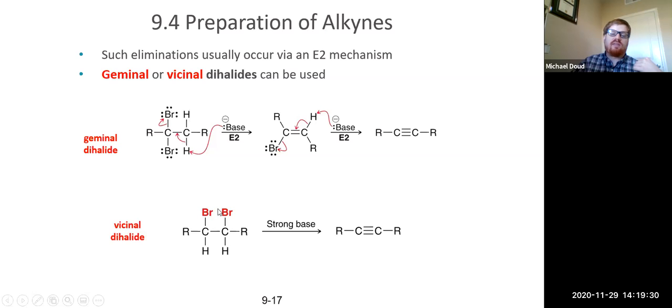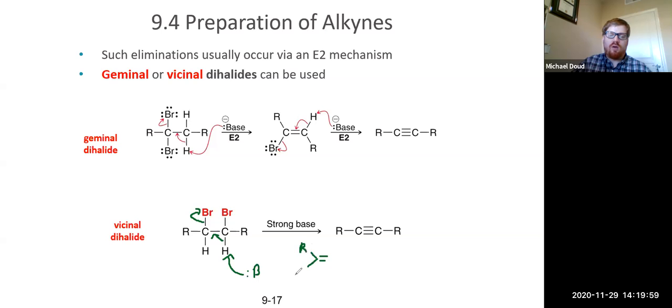For the vicinal dihalide, that means they're on neighboring carbons. You basically get two different eliminations. Let me take a moment here. If we take our strong base and do our first elimination, we create our alkene.